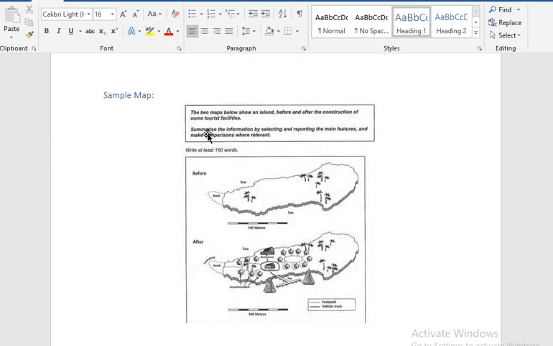Let's have a question. Two maps below show an island before and after the construction of some tourist facilities. Summarize the information by selecting and reporting the main features and make comparisons where relevant. So the question is, you have to compare two maps, number one, this one before and after this one.